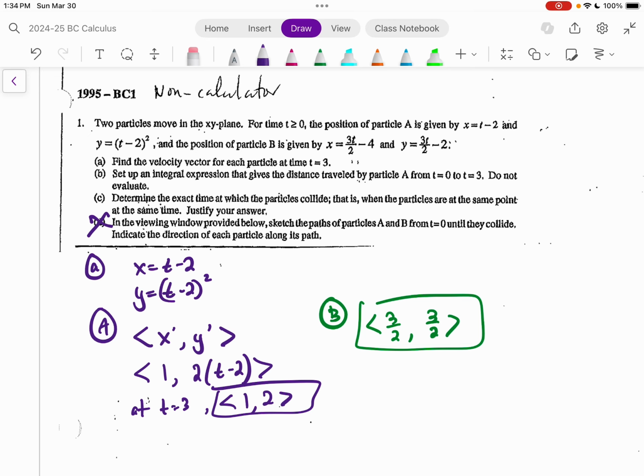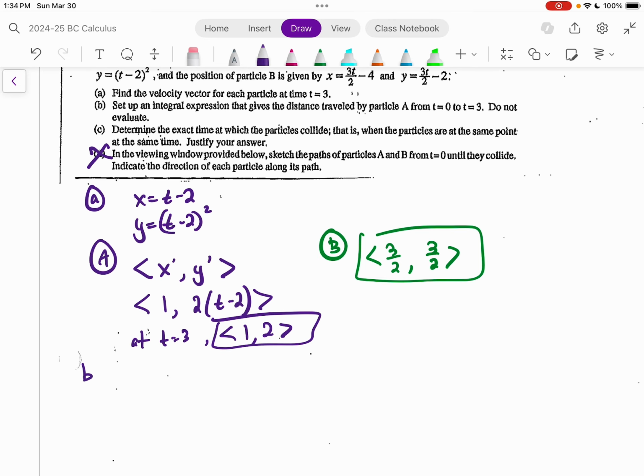Okay, so setting up an integral expression that gives the distance traveled by particle A from t equals 0 to t equals 3. Okay, so distance traveled, is that this guy right here? Distance traveled, we know, is the integral of speed, the integral of the absolute value of the velocity, or the integral of the square root of x prime squared plus y prime squared.